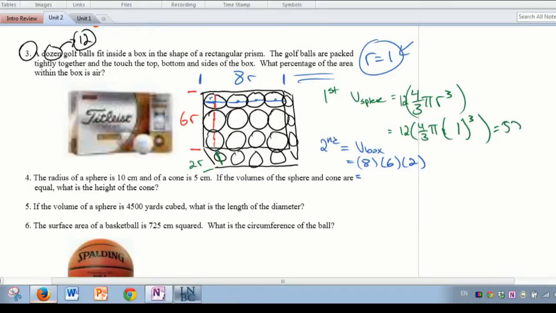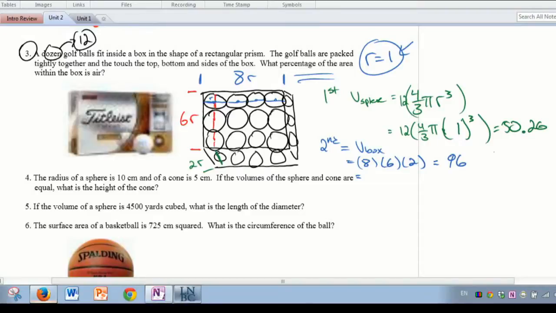So I'm going to end up with 50.26 for the volume of my spheres. I don't have units, so I don't have to worry about that. The second thing is calculating the volume of the box here. So 8 times 6 gives me 48, times 2, should be 96.